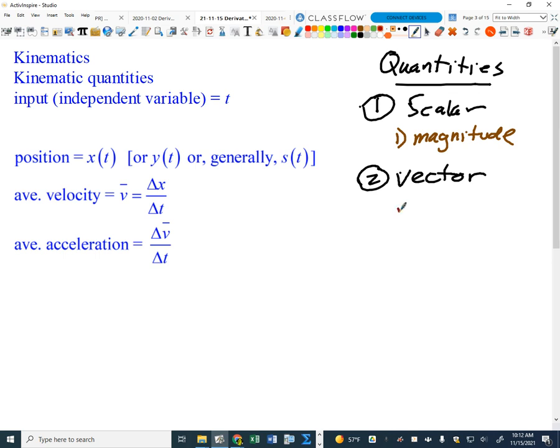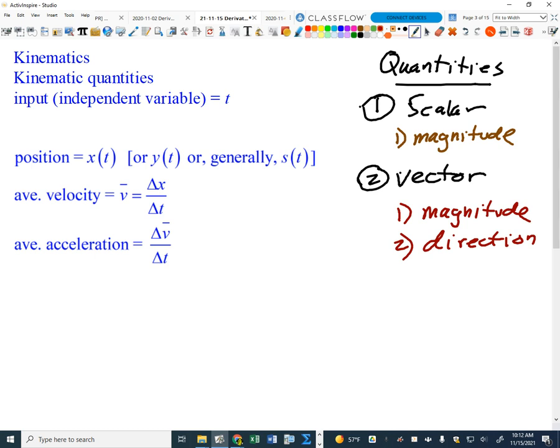Okay, what about vectors? Vectors have two parts. They have a magnitude, just like scalars, we need a number associated with them. How big is this quantity in terms of a number? But this time they also get a direction. So vectors are associated with a specific direction.